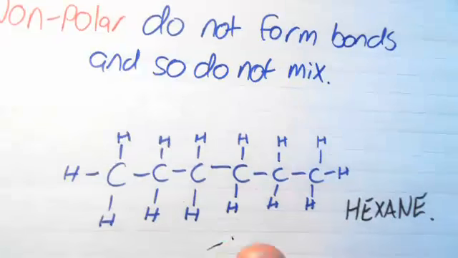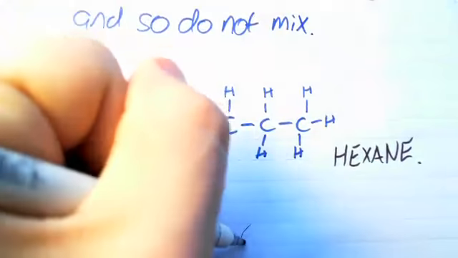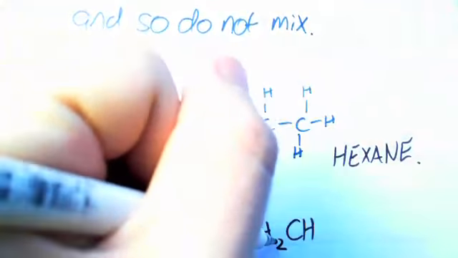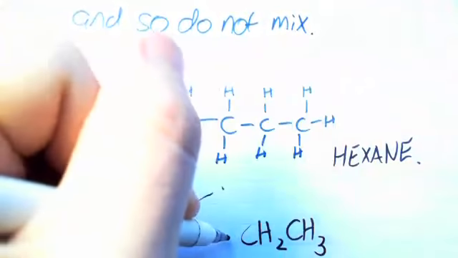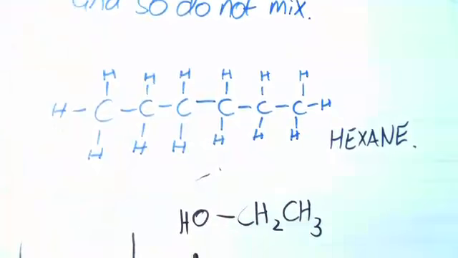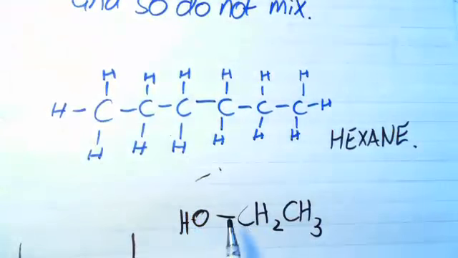So this is a hydrophobic molecule, and something like sugar, which is polar. Or ethanol, which is CH3, CH2, and then OH. So ethanol here, which is alcohol, has this OH group attached to the carbon, so that this is like one of the oxygens and one of the H's from water.